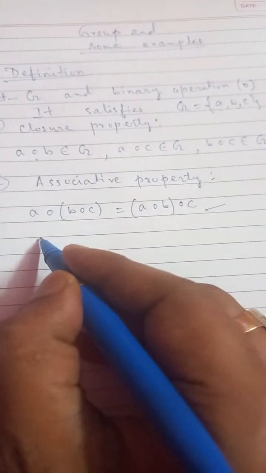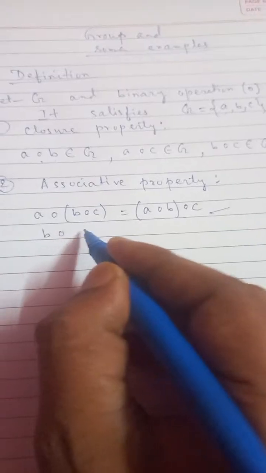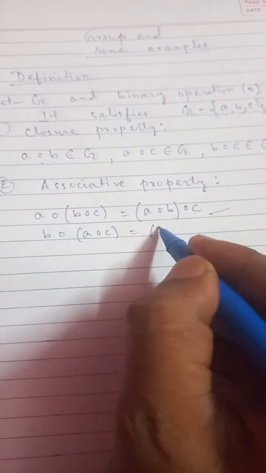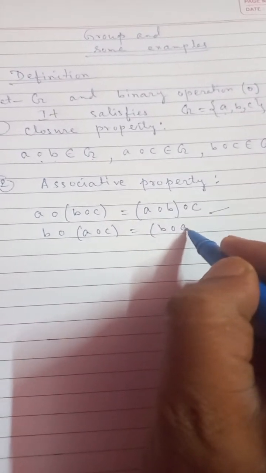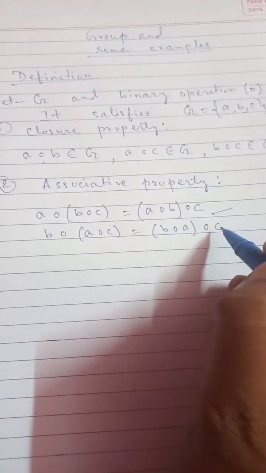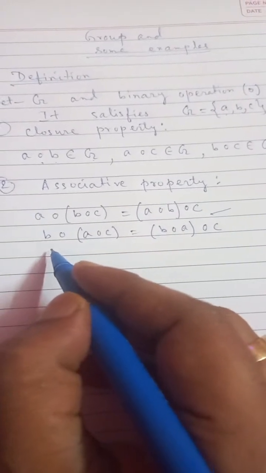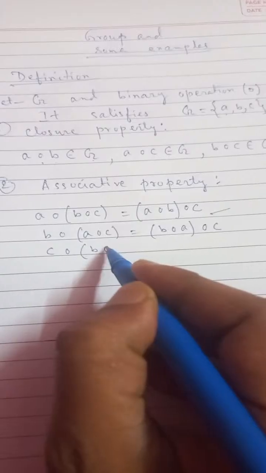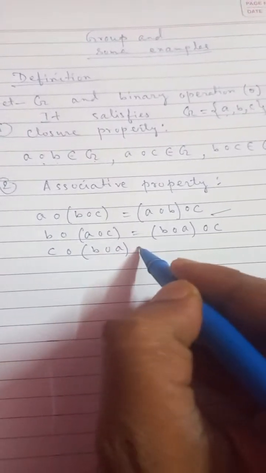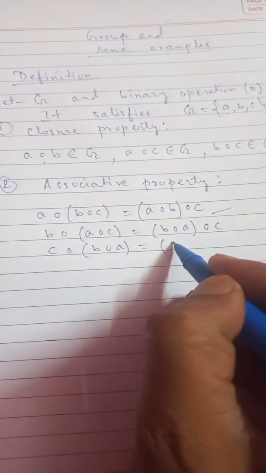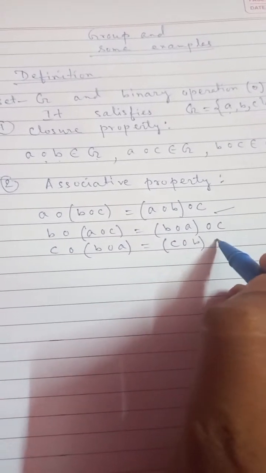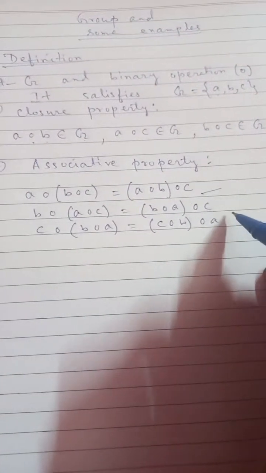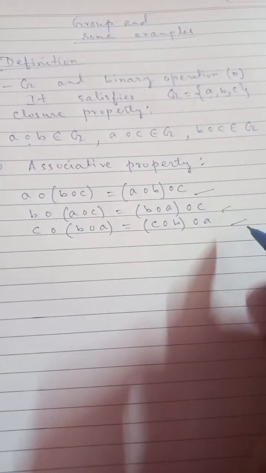We can take this in this way also: B omicron (A omicron C) is equal to (B omicron A) omicron C, or we can take C omicron (B omicron A) is equal to (C omicron B) omicron A. So if this is satisfied, this property is called associative property.